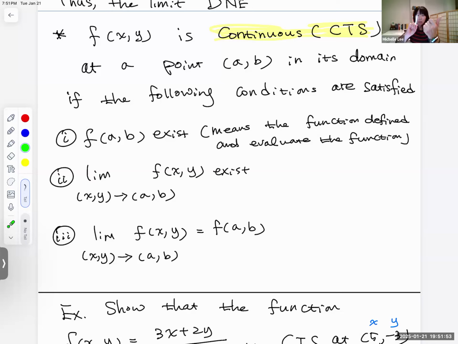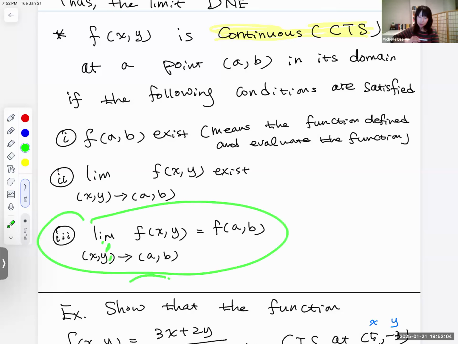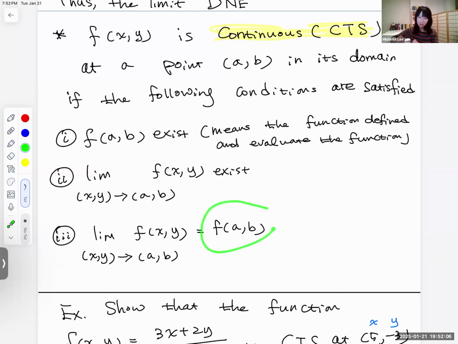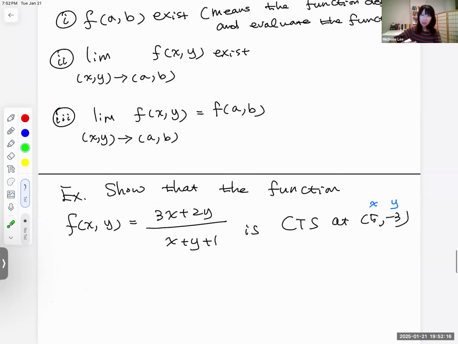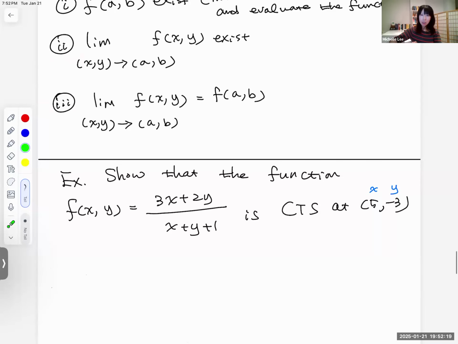And then their values must be the same. That's the third condition. So function defined, limit exists, then they are the same. All right, now we have an example. Show that the function is continuous at (5, -3).